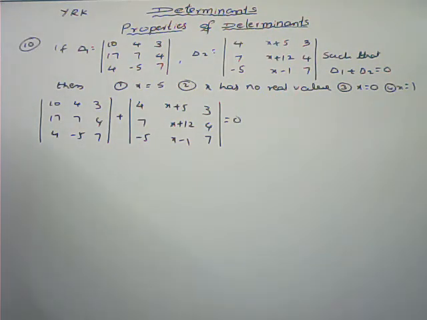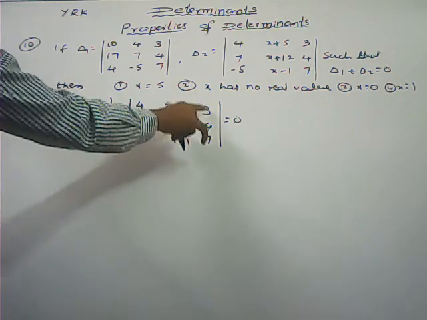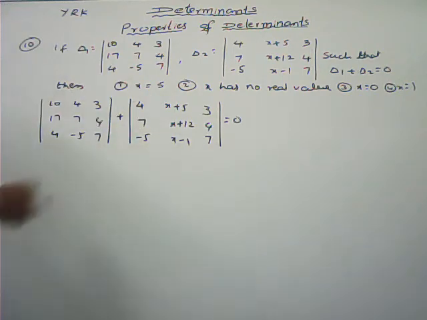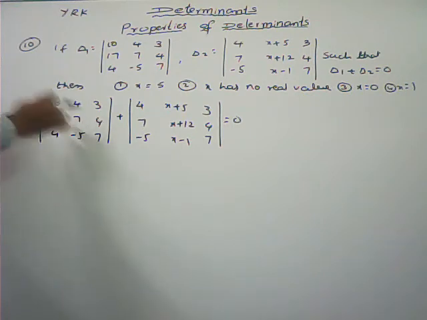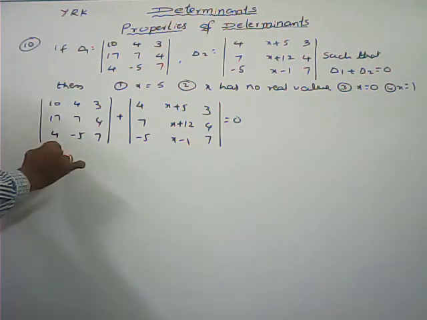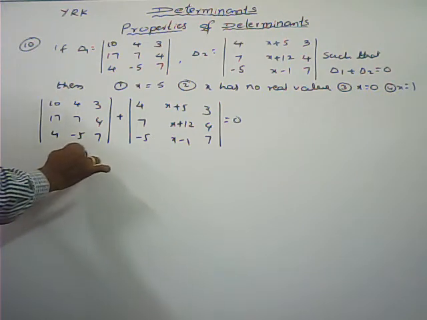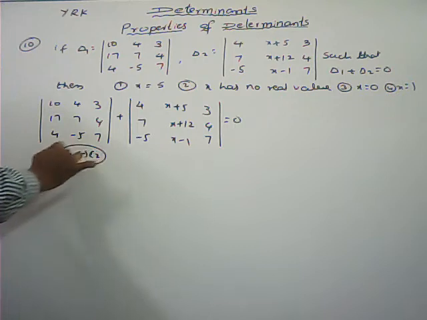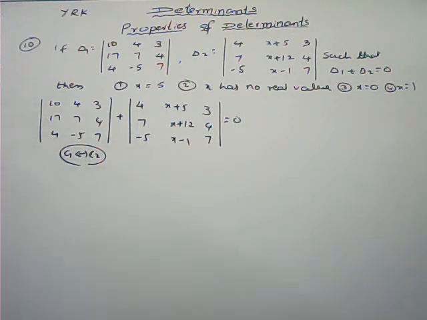Here 3, 4, 7 is there, here also 3, 4, 7 is there. But in the first column 4 7 minus 5 is there, and here 4 7 minus 5 is in the second column. Here what I am doing is interchanging C1 and C2, interchanging these two columns. Whenever two rows or two columns are interchanged, its sign changes.